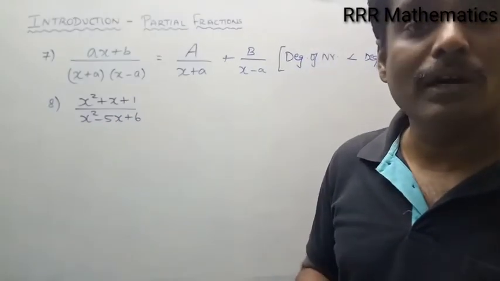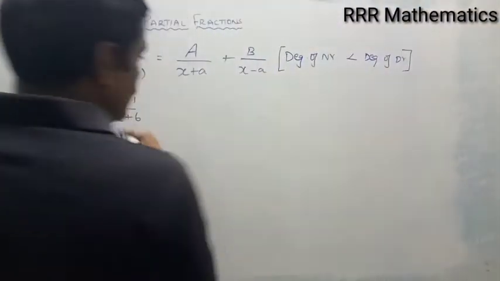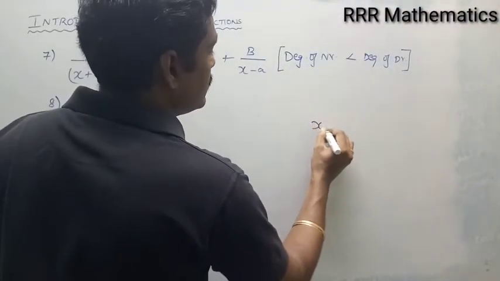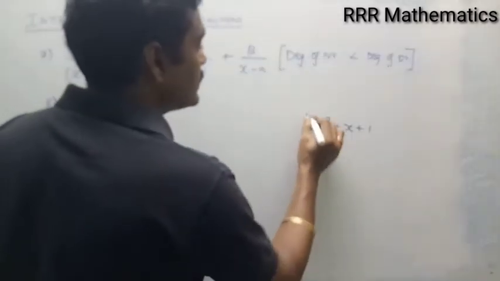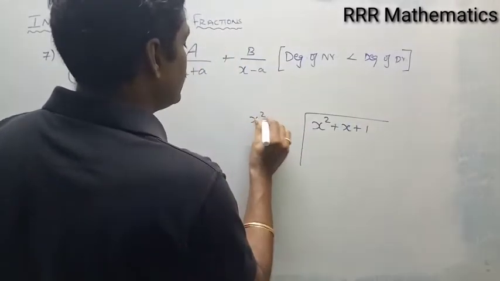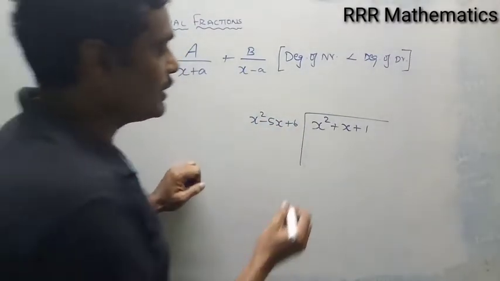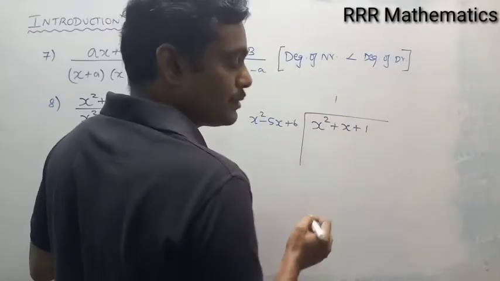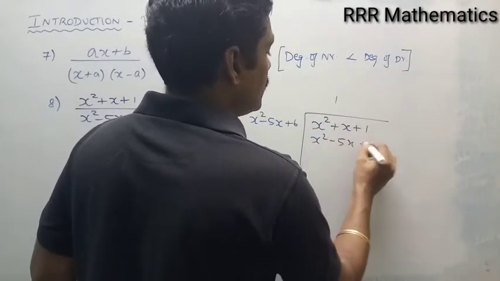I am going to use a long division method to split in the very first step. I have x square plus x plus 1 in the numerator. It will go inside, and the denominator is x square minus 5x plus 6. First term divided by first term gives 1. So x square minus 5x plus 6.